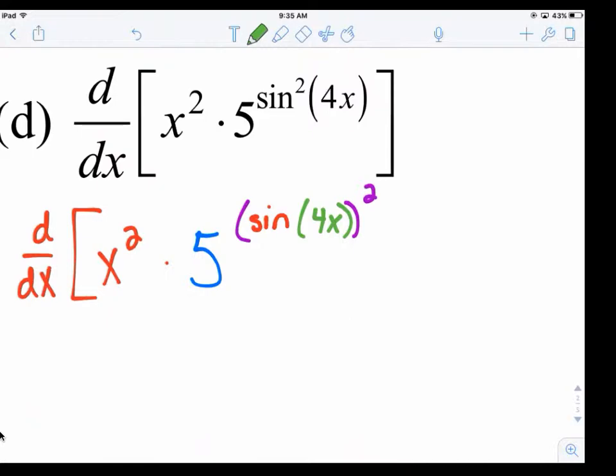Just to show the different functions that you're going to work with. All right, so when you take the derivative of this second term here, you got exponential, and then you got chain rule, trig, and then more chain rules.